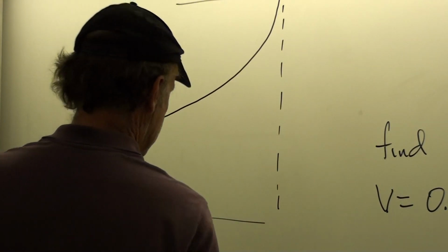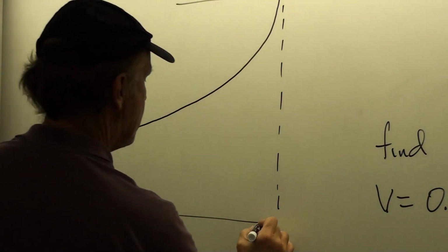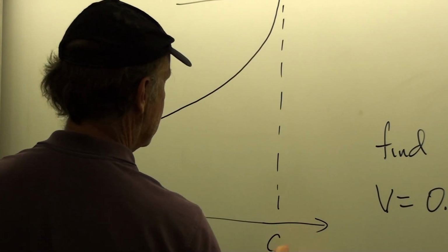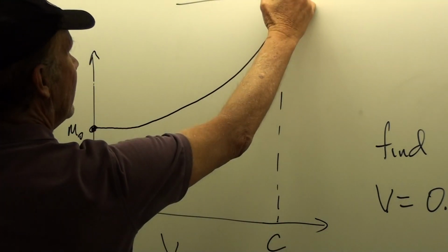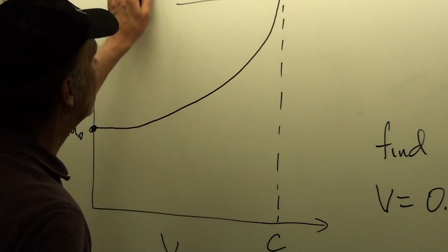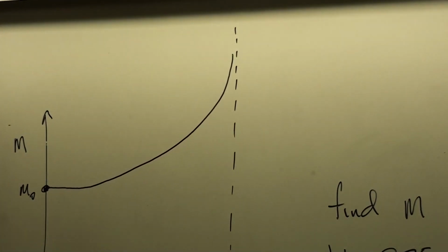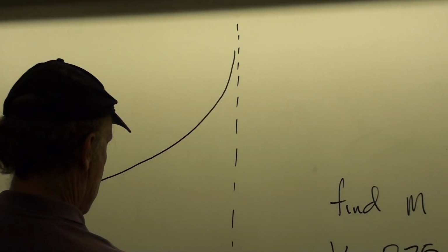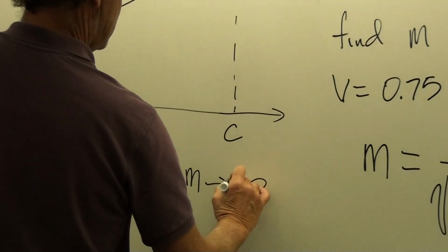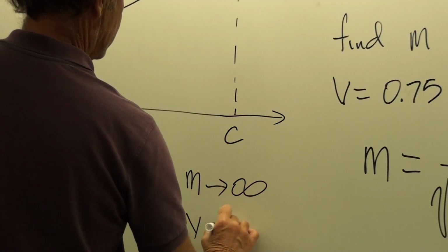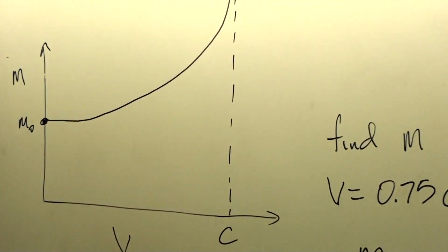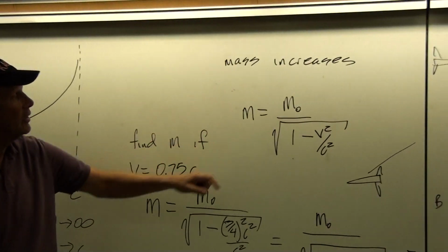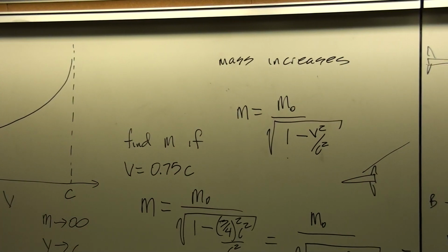And at that point, the mass goes to infinity. So here, that's v equals c, and then this is a vertical asymptote. And so this means that m approaches infinity as v approaches c, because the denominator of this expression will approach 0 as v approaches c.